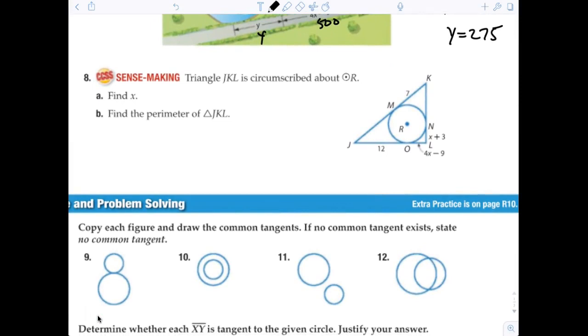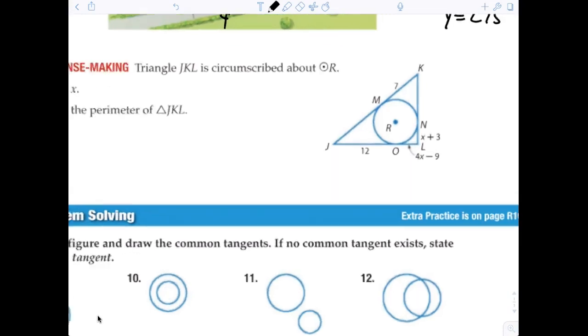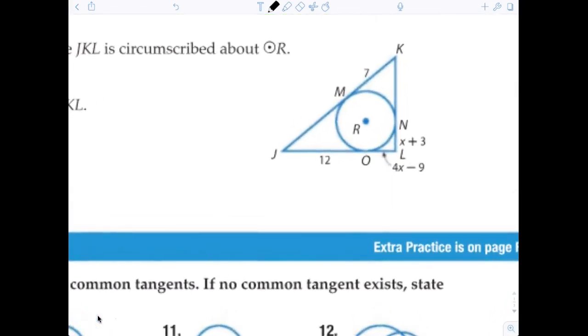Last one for me. It says triangle JKL is circumscribed about circle R. Find x. Okay, so now if I'm looking for x, remember that KN would be how much? 7.